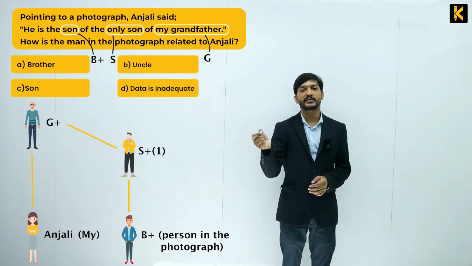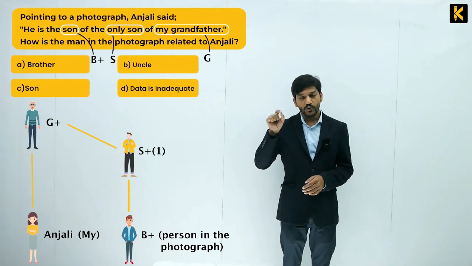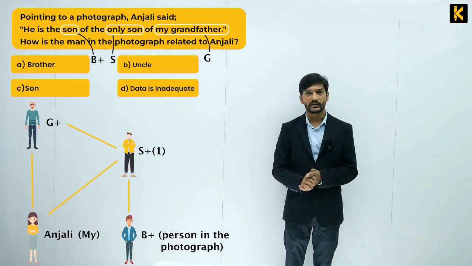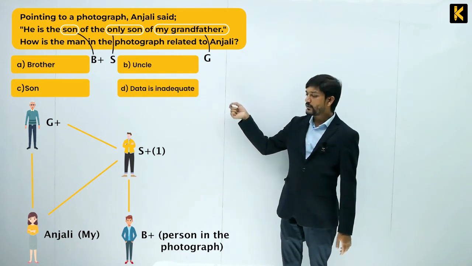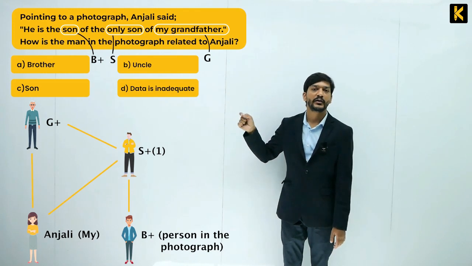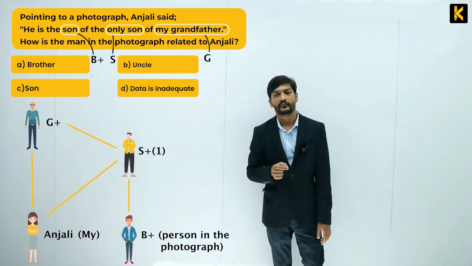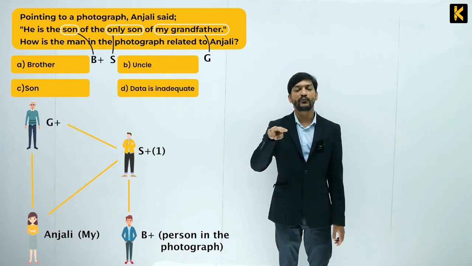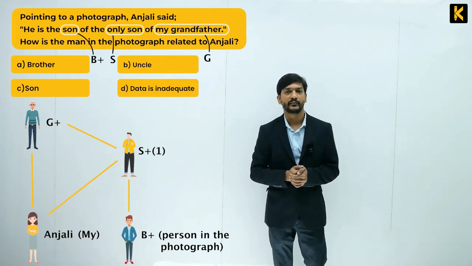Between S and Anjali, let me show a line. Alright, now think please. S is the father of Anjali and S is the father of B as well. If two children have the same father, what relation do they have? They are brothers and sisters.